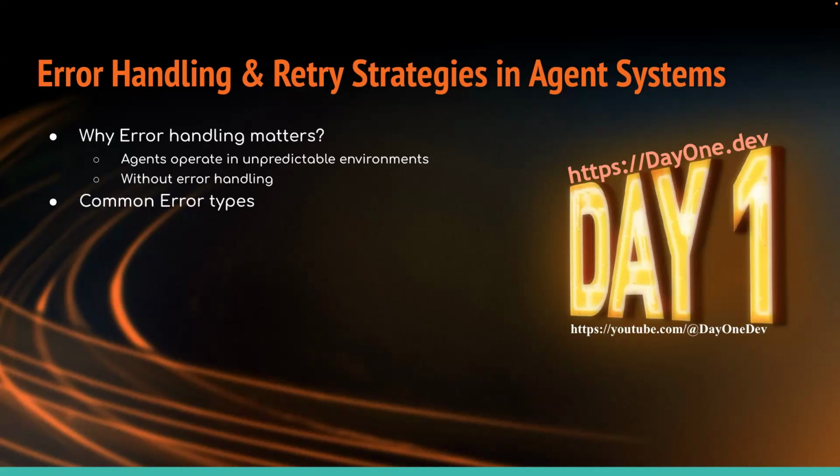Right? So let's look at some common error types in agents. One of them can be a tool error, which is technically when an API fails or returns a null. LLM misfires are hallucinations or invalid output formats.